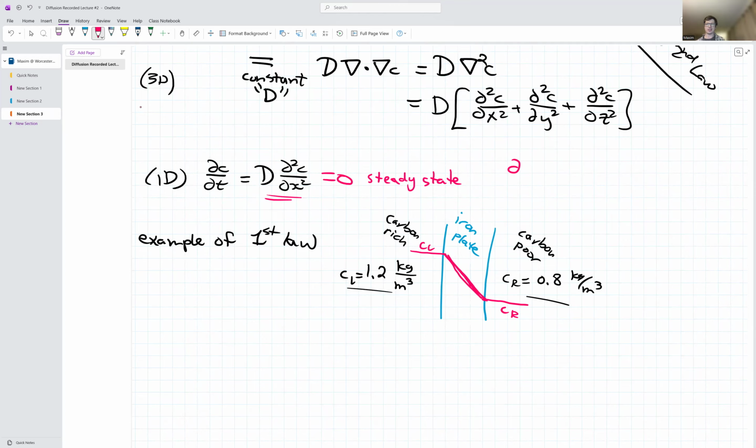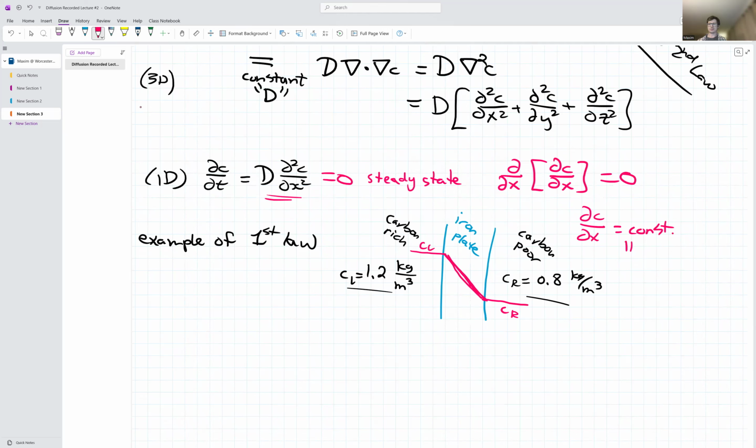So that means the derivative of the concentration is equal to zero, which just means if something has a zero derivative, that means it's constant. That means that the first derivative is a constant. So that's what happens in the steady state. The first derivative of the concentration is a constant, meaning the slope is constant. And so you have a constant flux.